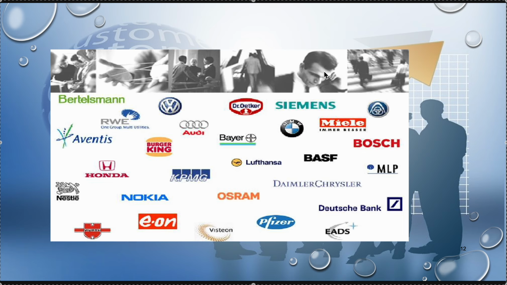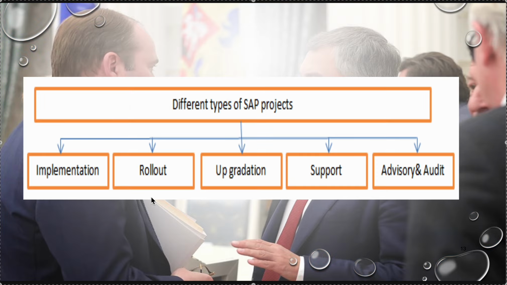When I talk about the partners, like IT companies like Accenture, IBM, or any other IT companies which are SAP partners, they are implementing SAP for customers like Audi, BASF, Osram, Nokia, and many other global Fortune 500 companies.